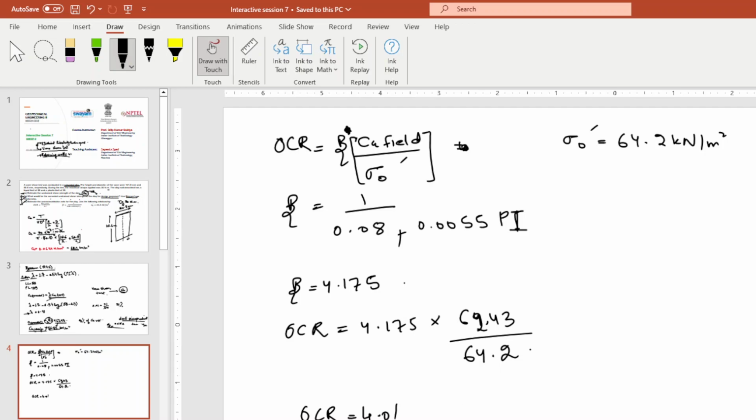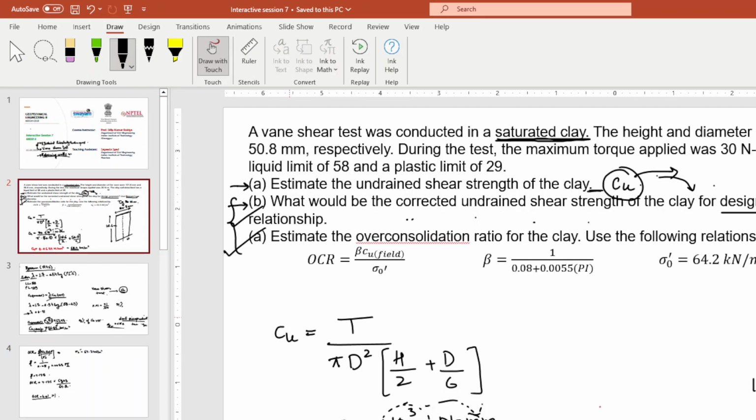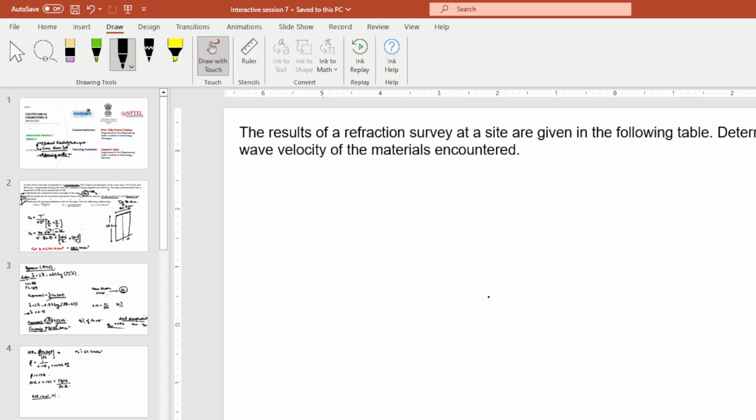Okay, so we can say that this is one which is greater than 1. So it's an over consolidated test. Okay, so this was about the first question, and let's move on to the next question.